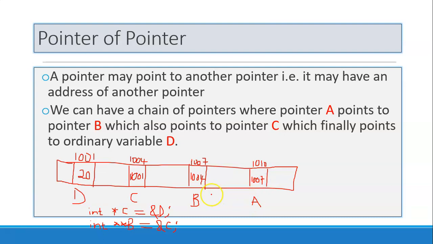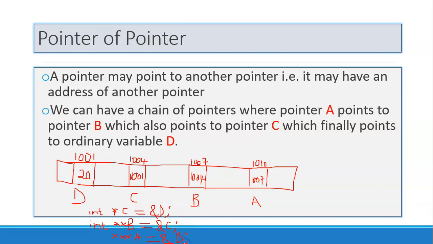So a is pointing to b, b is pointing to c, and c is finally pointing to the ordinary value. The declaration of a will have three stars, int ***a, which is pointing to the address of b.